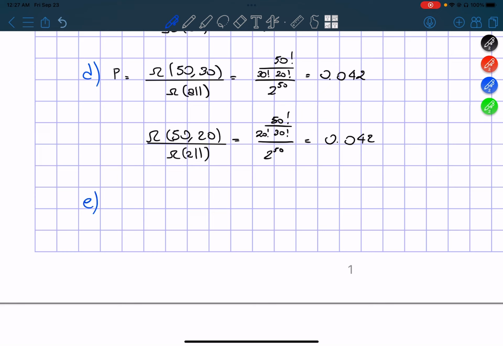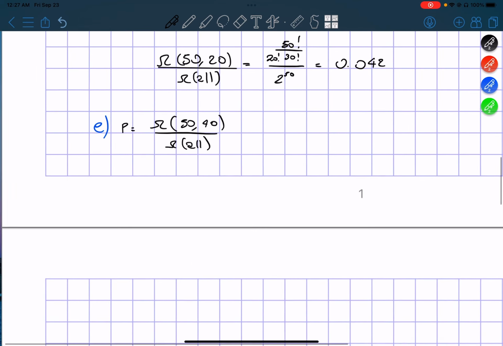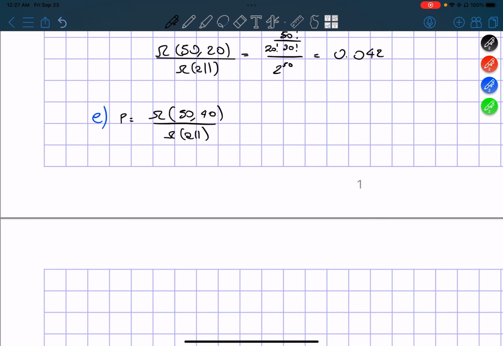Part E is talking about the probability of getting 40 heads. So the probability again is equal to omega of 50 comma 40 over omega all, which by the way is equal to the same thing again if I said, for example, 10 tails instead of 40 heads.